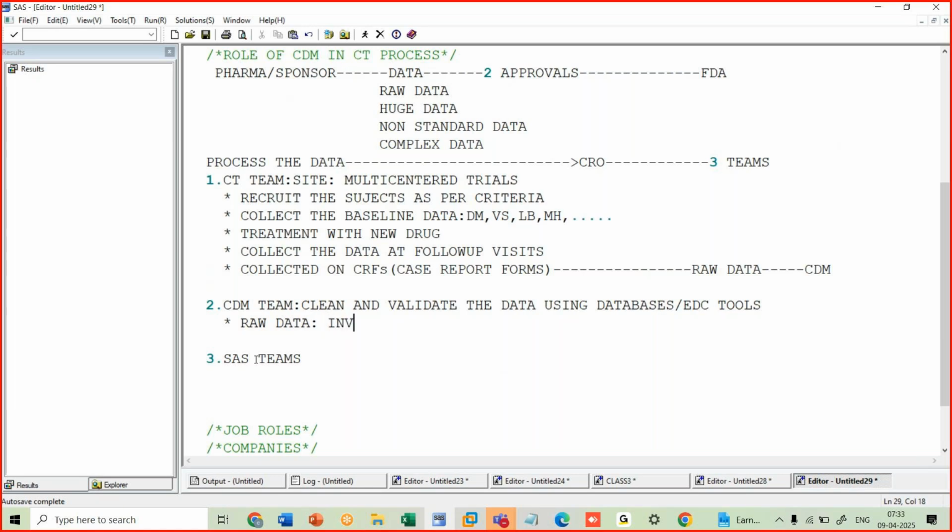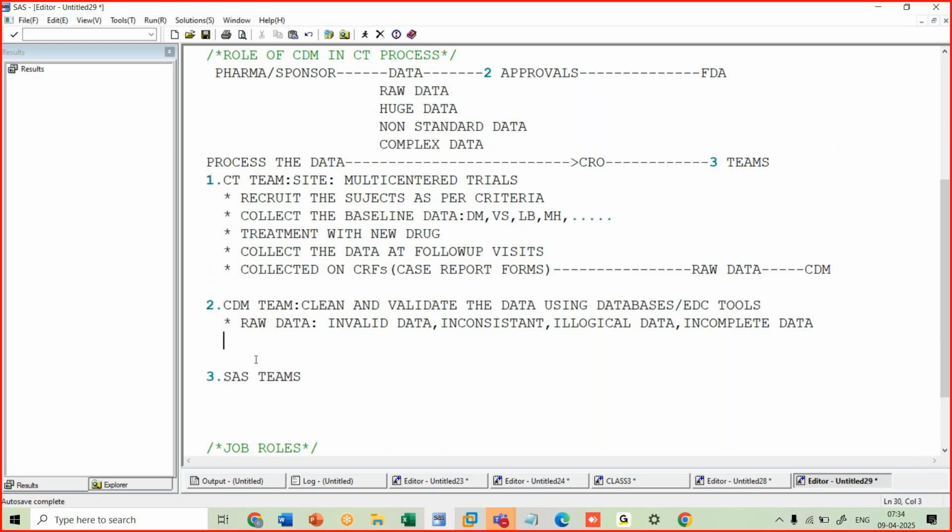What do we mean by raw data? Raw data is invalid, inconsistent, illogical, incomplete data, like missing data, inaccurate data. Different types of data like that are called raw data.